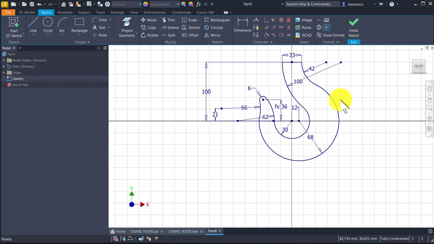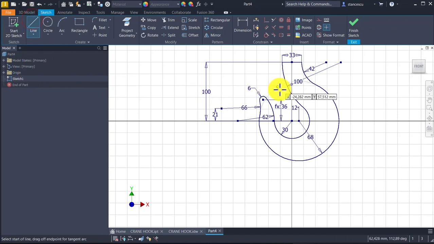Now I intend to create a path or rail in the middle distance from every point here, so I will draw some radial lines.